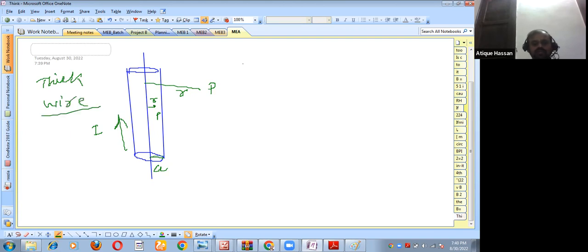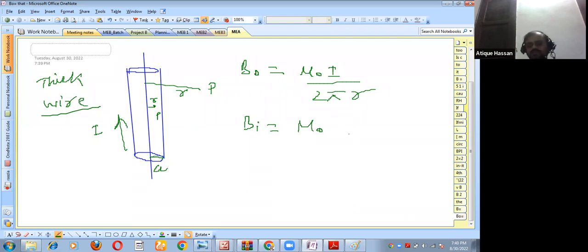So for outside point, magnetic field will be same as thin wire, mu naught I by 2 pi r, same formula. But for inside point, the magnetic field will be directly proportional to r, and you can apply Ampere's law to find the magnetic field.